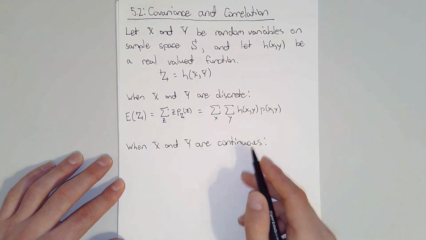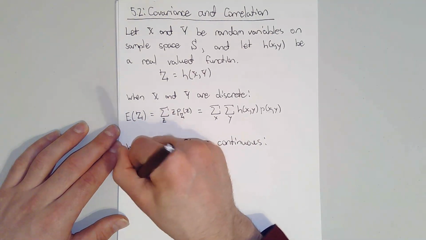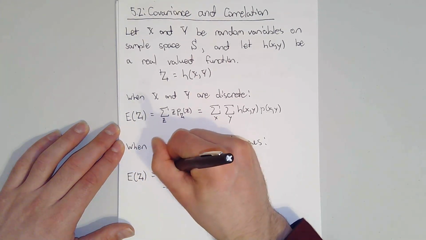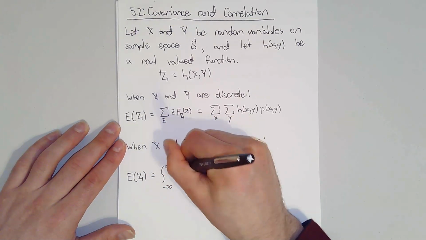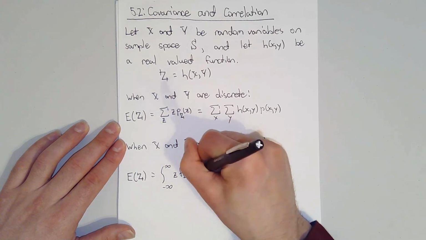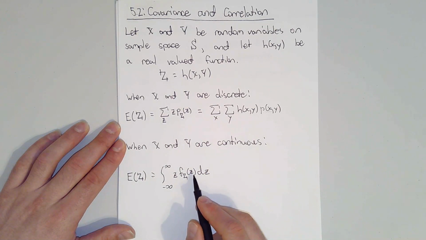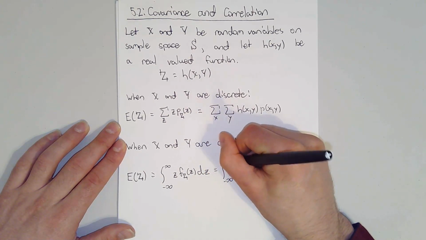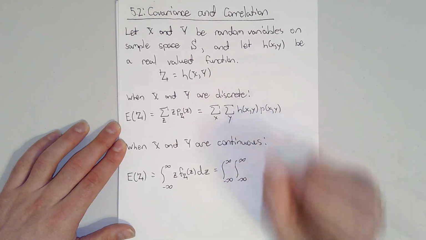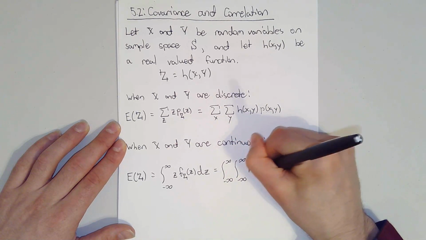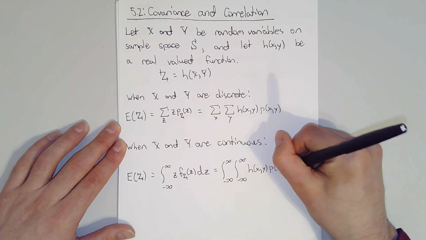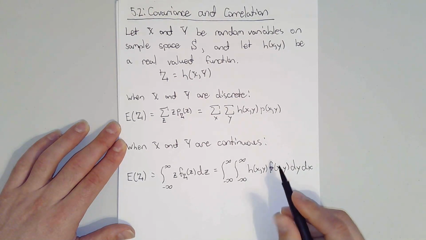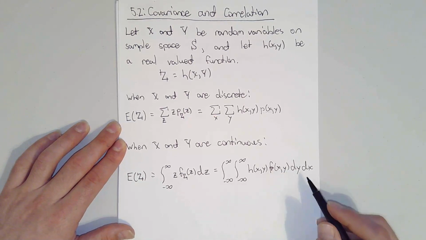In the case that capital X and capital Y are continuous, again, by definition, the expectation of Z will be the integral from negative infinity to infinity of z multiplied by the PDF of capital Z. But again, without proof, this is the same as the double integral of h of x y multiplied by the joint PDF f of x y, integrating over all of R2.